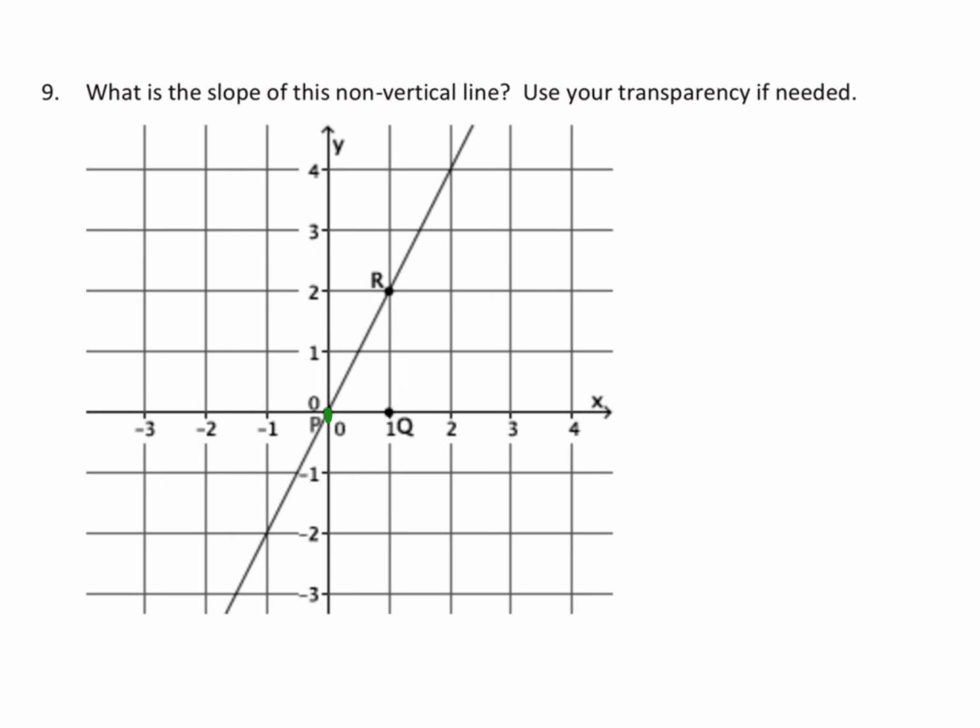In this one, starting from the left and moving to the right, we have to go up by 2. Up is a positive, and over 1. And remember, M is just the letter that we use to represent slope, and slope is a measurement of how steep a line is.